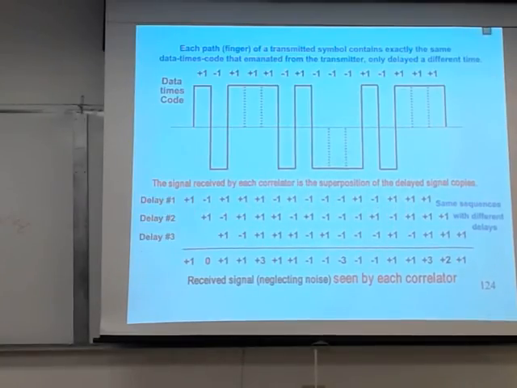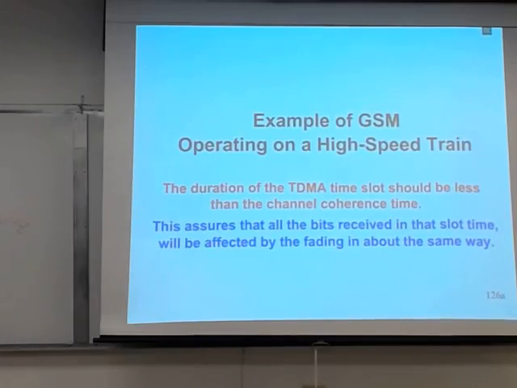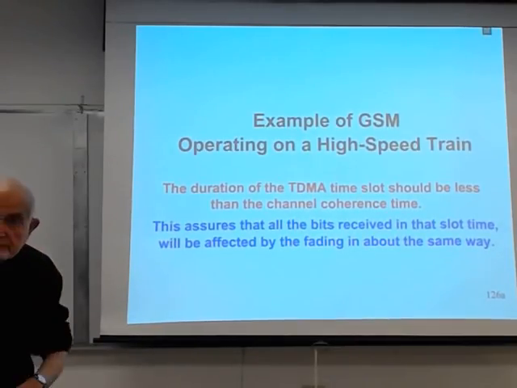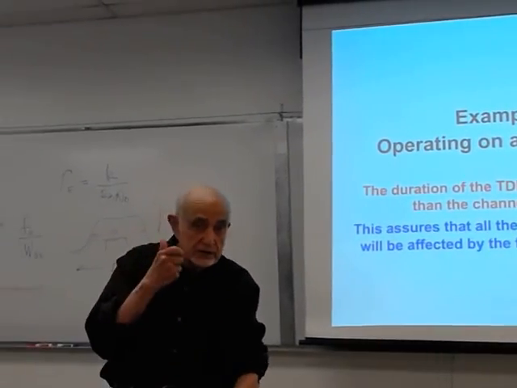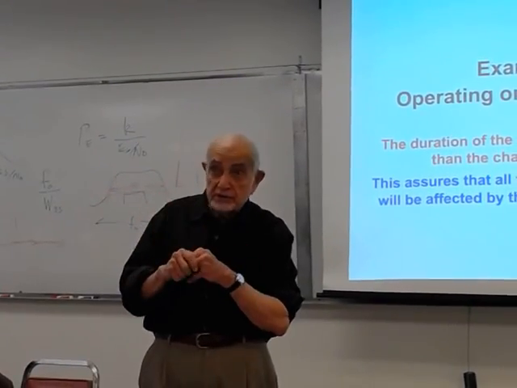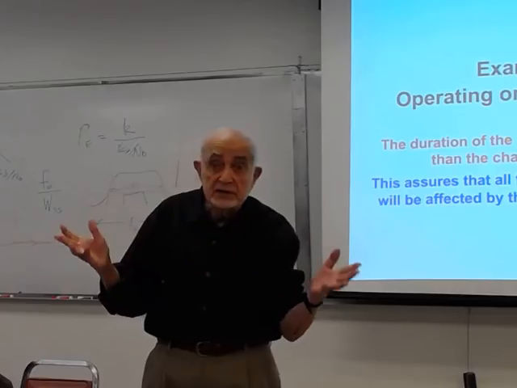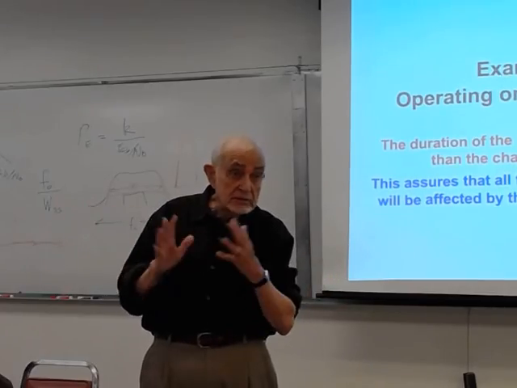So this is one other example, and real quick, the duration of the TDMA time slot should be less than the channel coherence time. Remember the channel coherence time in a particular application: if I'm standing still, my coherence time is infinite, because I'm not moving.